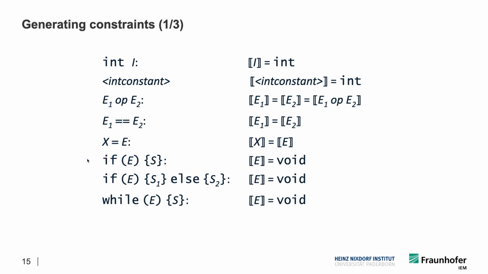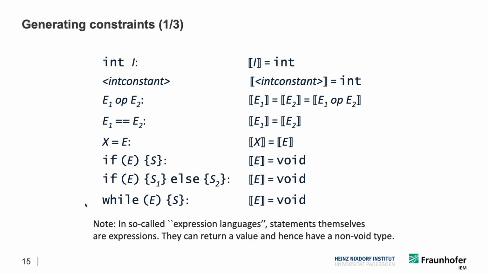And then also in many programming languages, if you have branches and looping constructs like you see here, so an if then else, for instance, or a while loop, these have the so-called void type. So they basically don't have any type because they don't return anything on their own, right? That's an important distinction. There are programming languages where this is different.